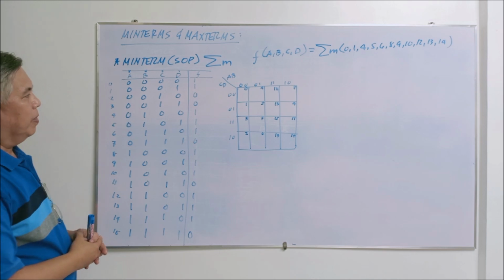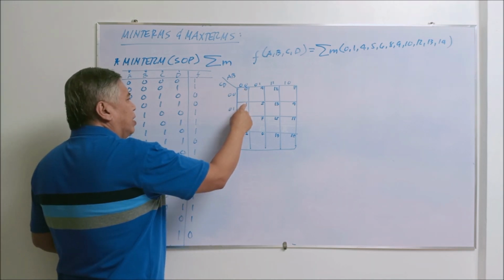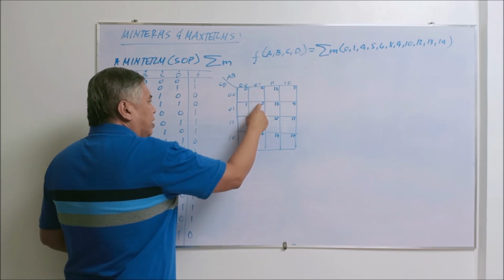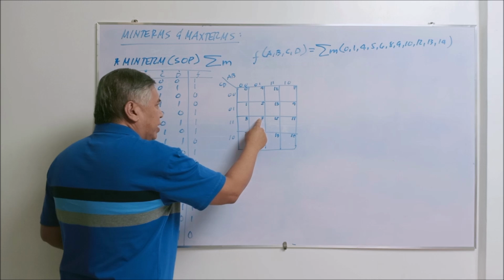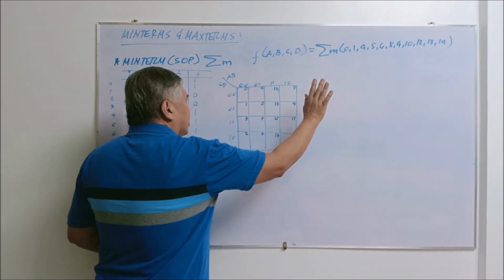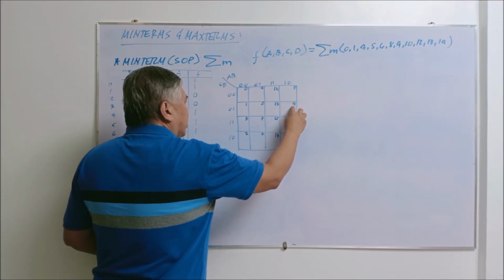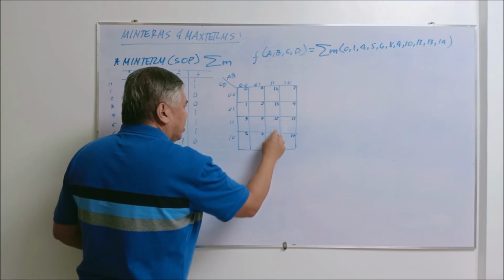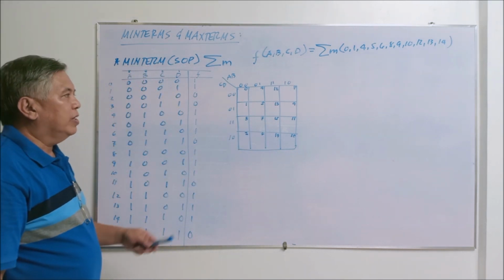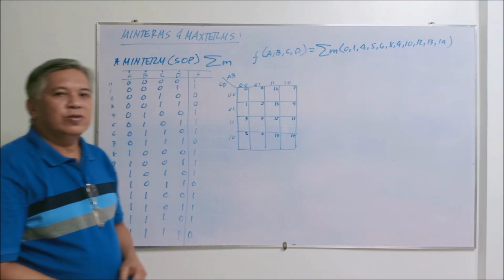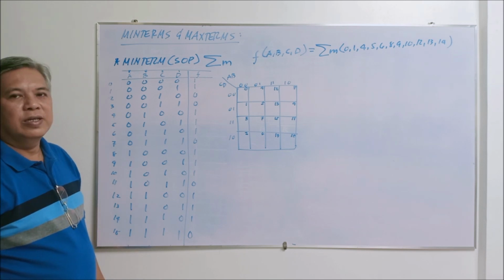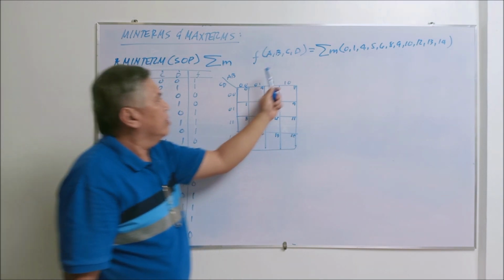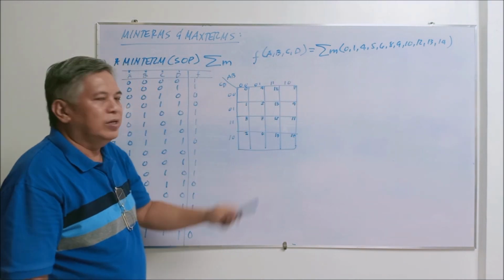So again, this is 0, 1, then down 2, 3, then 4, 5, down 6, 7, then 8, 9, down 10, 11, then 12, 13, down 14, 15. That will be the location of your cells. Then we place our Minterms into our cells.